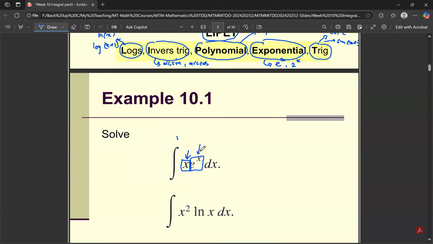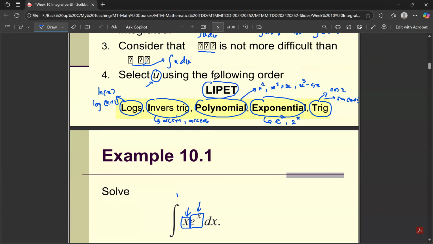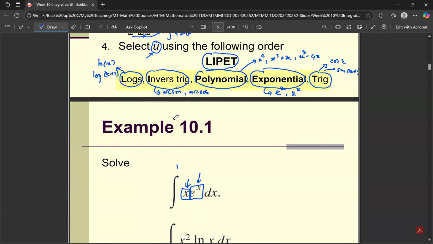This is exponential. From the rule, we should use this as u, because polynomials are in front of exponential. And after we choose u, the rest will be dv.